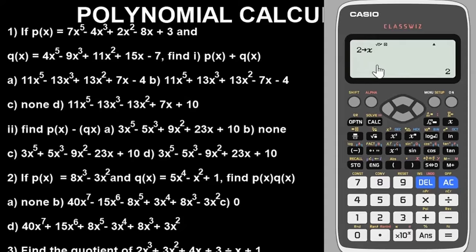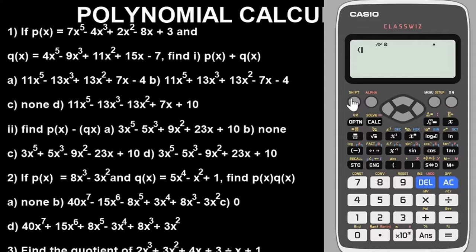Having known that, let's add these polynomials. Question 1 says, if P of X equals this and Q of X equals this, find P of X plus Q of X. So we have to add these polynomials. To add the polynomials, guys, put each in a bracket, very important.